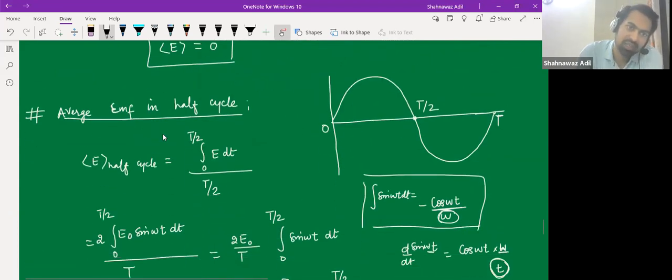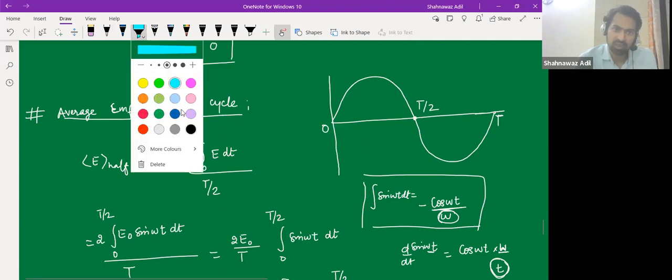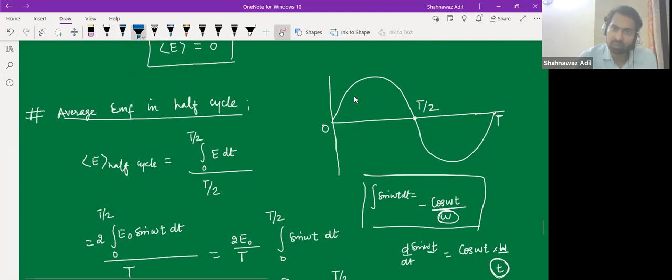This is average. Please note it down, guys. So we are calculating the average up to this point. We are calculating the average in this region.